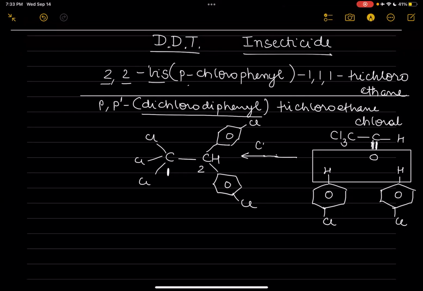Water removal is possible in the presence of concentrated H2SO4, which has a tendency to absorb water.